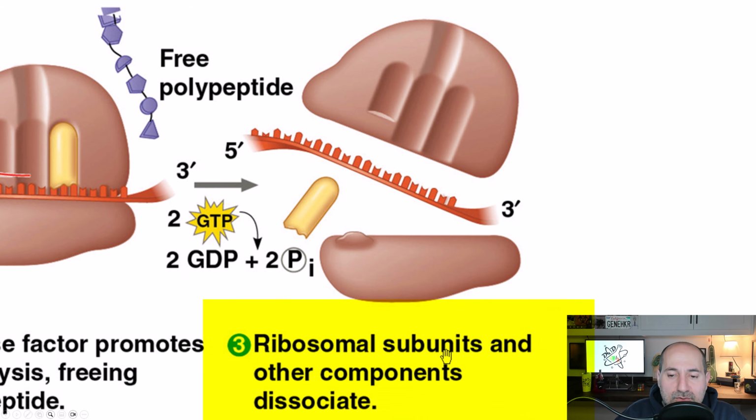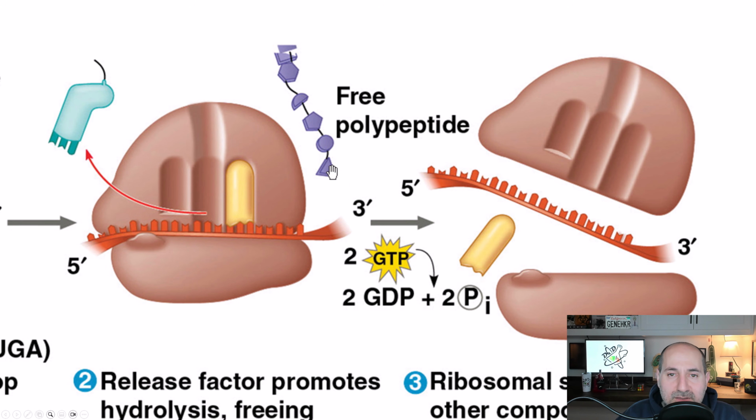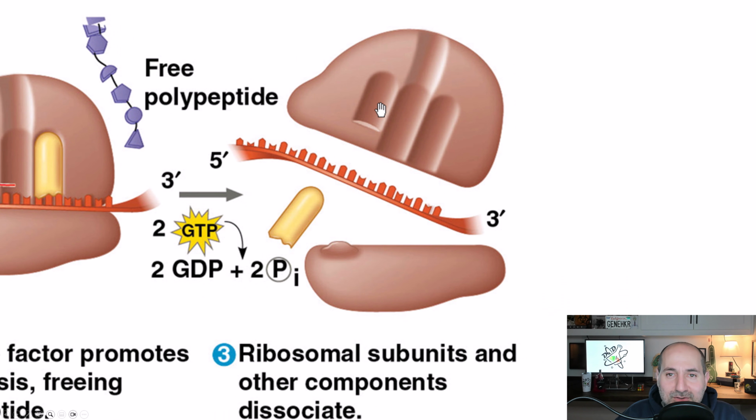The ribosomal subunits and other components dissociate. So look, the polypeptide, the protein, is free. The large hamburger bun pops off, the small hamburger bun too. The large subunit of the ribosome, the small subunit, release factor, mRNA, the protein, everything releases because you're done. You don't need to translate anymore.